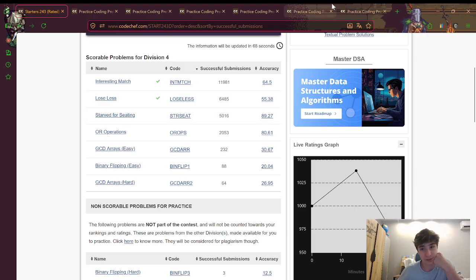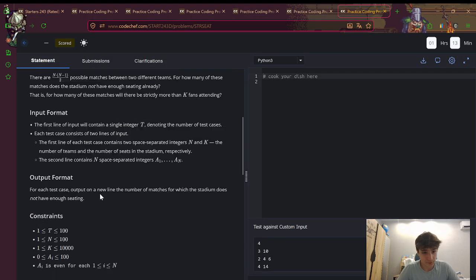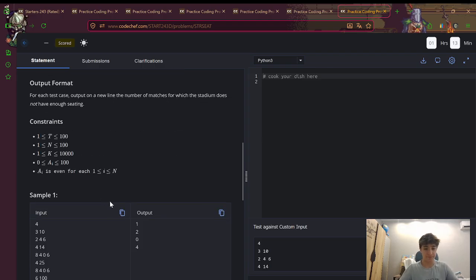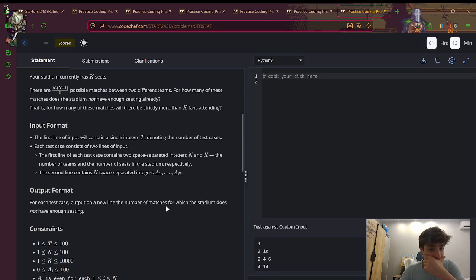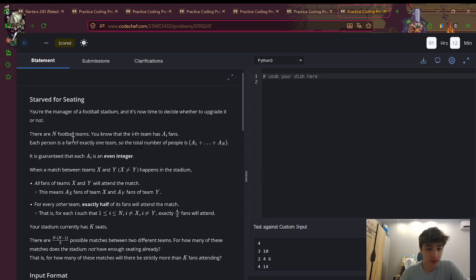Okay, let's go for task C. Oh crap! What is this? Okay, you are the manager of a football stadium, and it's now time to decide whether to upgrade it or not.